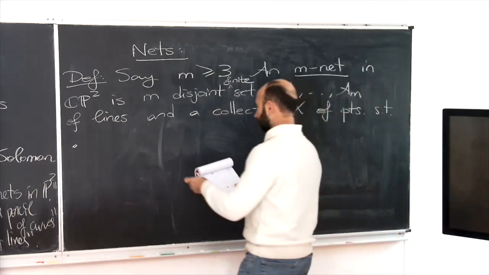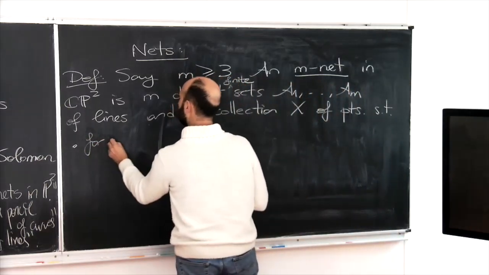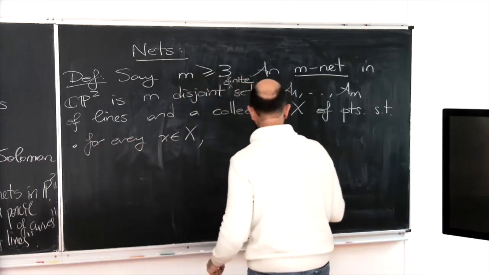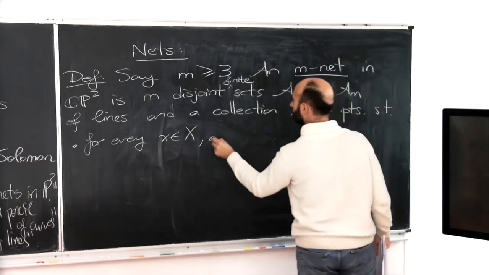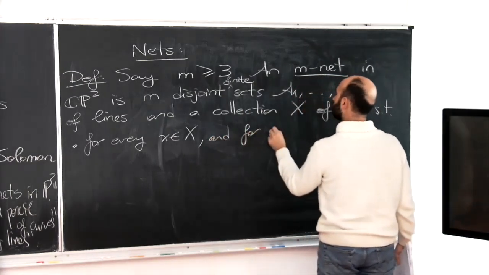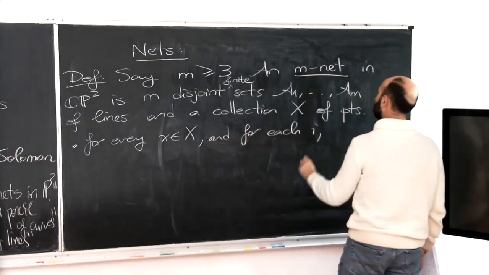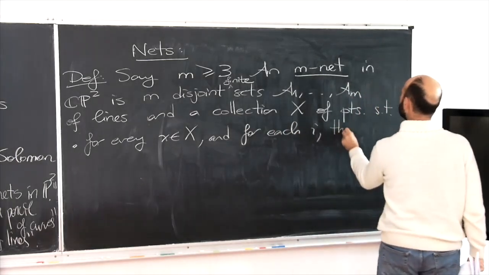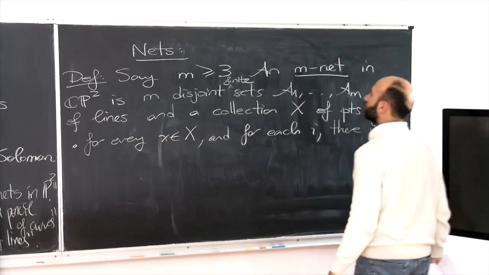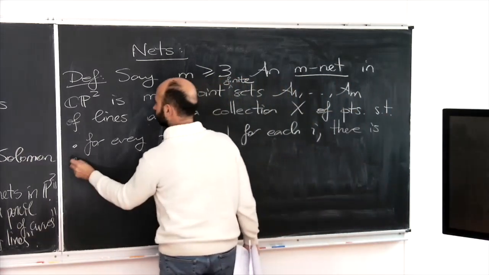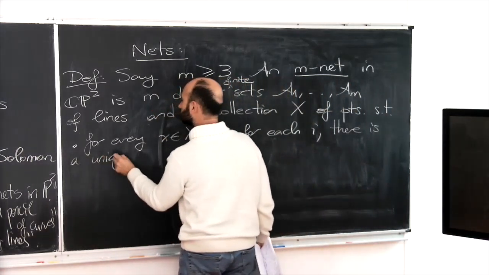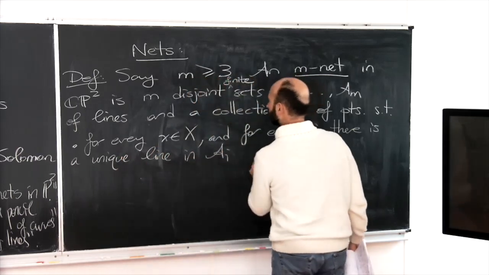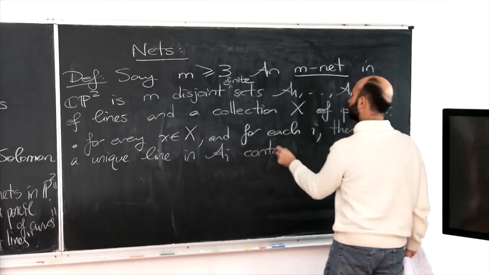So for every x in X, and for each i, there is a unique line in Ai containing this point x.